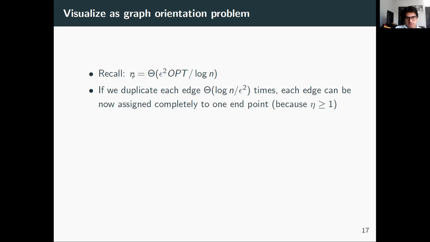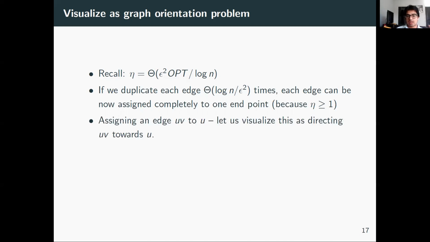And if we can do that, then eta can only be an integer, which means that it's totally okay in our optimality condition to be off by 1 at least, which means that there's no need for any edge to assign itself fractionally. It can now assign itself completely to one side or the other.